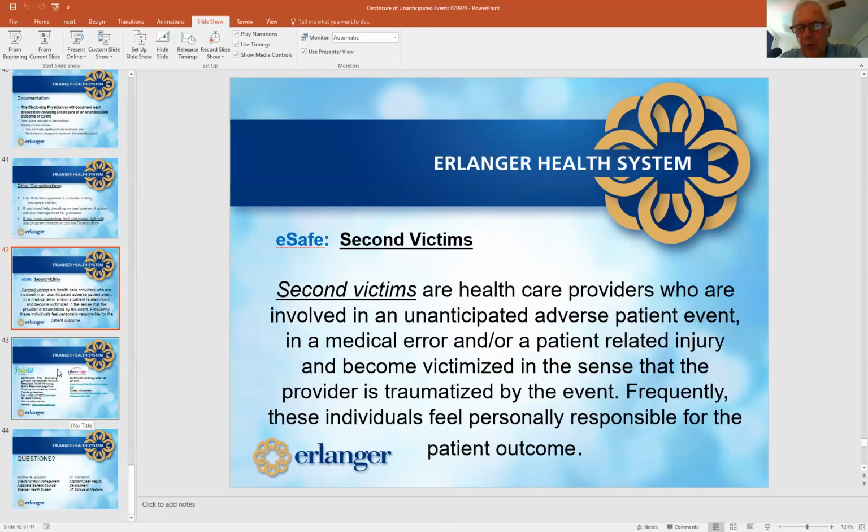There are services both through Erlanger Health System for faculty and employed physicians, but there are also services for residents.